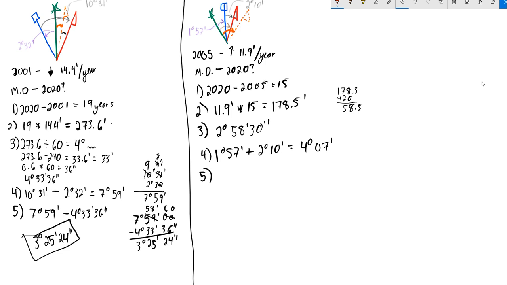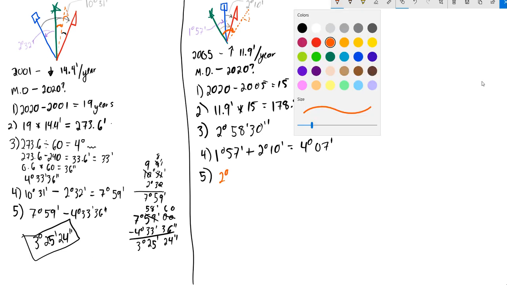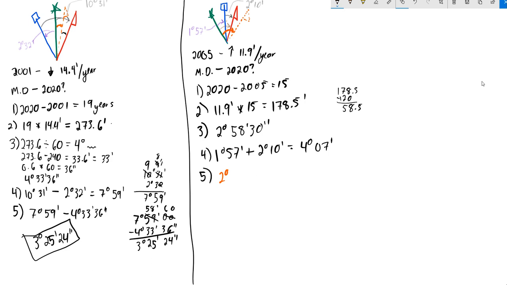So this 4 is this brown. This 2 degrees is in here. I am going to have to add the 2 to make it into that value. So we have 2 degrees, 58 minutes, 30 seconds, plus 4 degrees, 7 minutes.